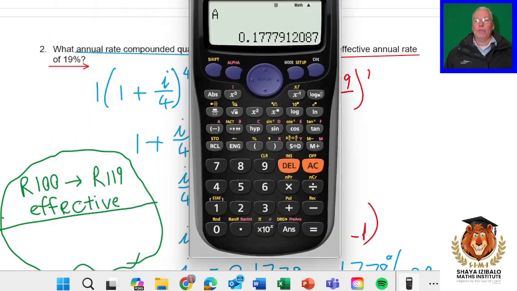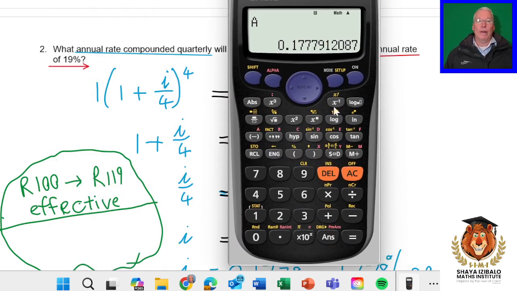Okay, so we're going to press 100, and we're going to press equals. Now that number, even if I press all clear, is stored in Answer. There it is. Okay, so now we're going to take that answer, which has 100 in it, and multiply by, in brackets, 1 plus our interest rate.